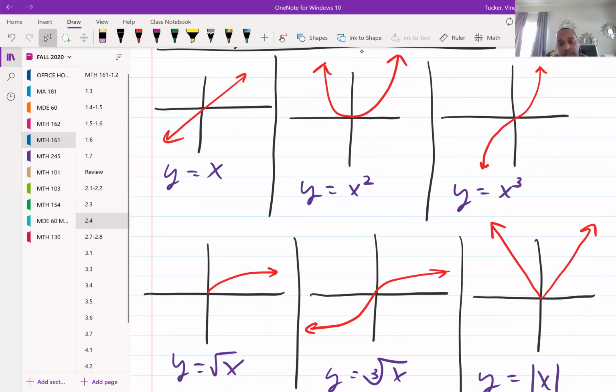Then you see we have the square root of x, cube root of x, and absolute value of x.